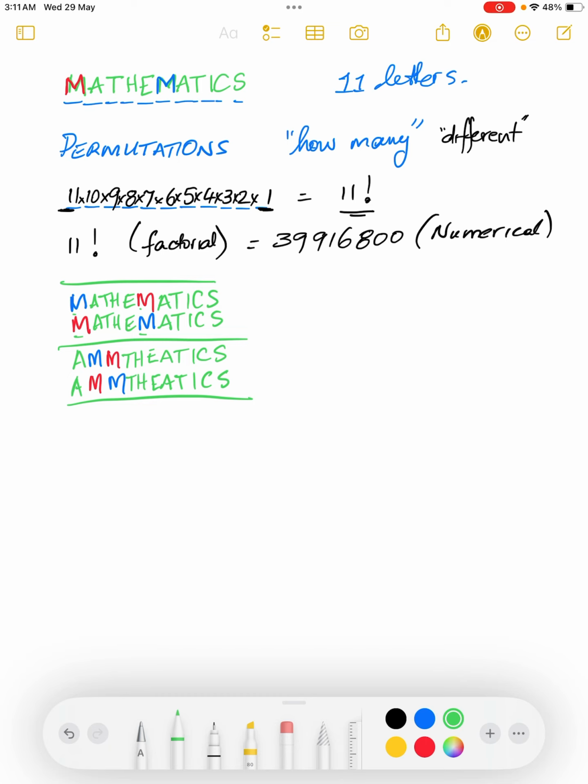Now the thing is, let's look at the A and this A. Let's make that a yellow A. Does that mean that if we swap the A's around, we would get the same again? Let's put that black A there, and let's make that a yellow.